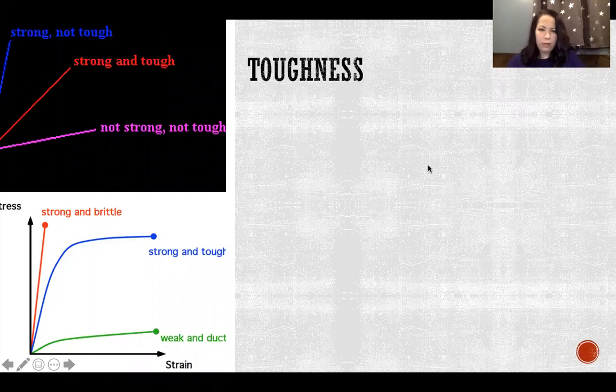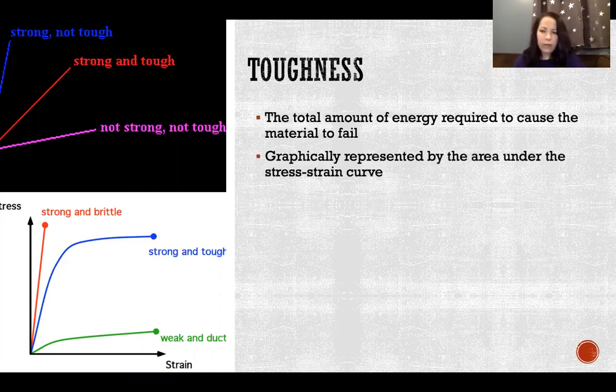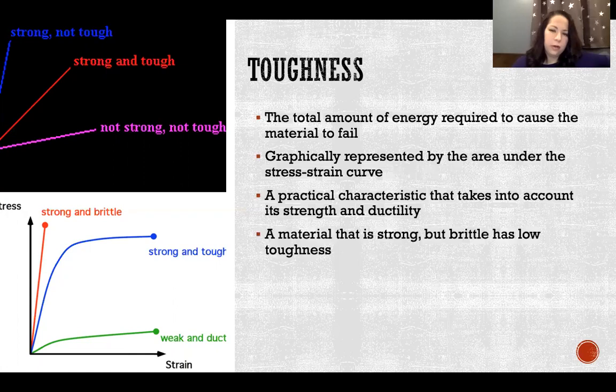Okay, toughness. It's the total amount of energy required to cause the material to fail. So graphically represented by the area under the stress strain curve. It's a practical characteristic that takes into account its strength and ductility. Okay, so we're considering how strong is this material and how stiff or compliant is this material.